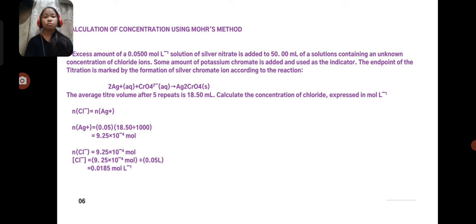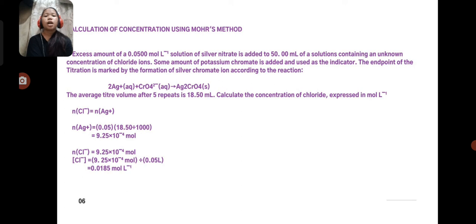I-times siya sa quotient sa average titer volume divided by 1,000, 18.50 divided by 1,000, then it would result to 9.25 times 10 raised to the power of negative 4 mole. So since 1-to-1 ratio lagi siya, ang number of moles sa Ag+ is also the exact number of moles sa chloride ions, which is 9.25 times 10 raised to the power of -4.